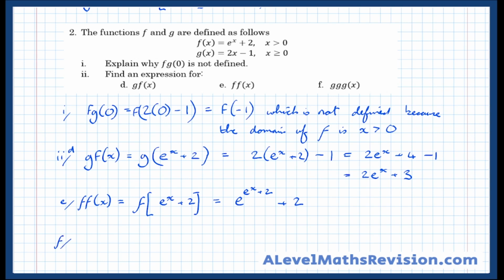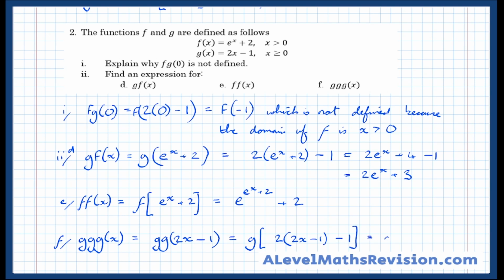And f, gg of x, well, gg of x, let's take the first g, and the first g when applied to x gives 2x minus 1. Then the second g takes that, doubles whatever it's fed, which was the 2x minus 1, then takes 1.